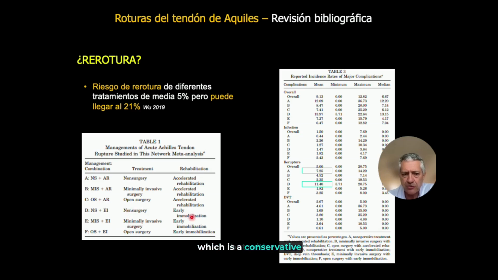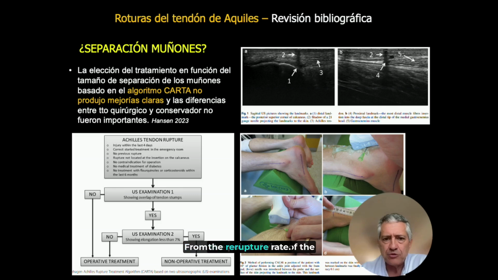A conservative treatment, but with early mobilization, has an average re-rupture rate between 7.25 and 11%, but which, however, can reach, in the case of early mobilization, 21% in maximum cases or 5.71% in minimum cases. So we clearly see how the problem that arises in conservative treatment is precisely going to be the re-rupture rate.